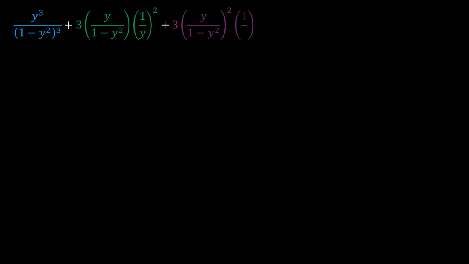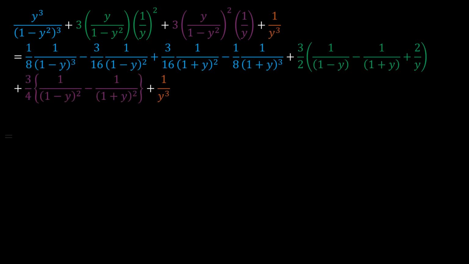So in essence, what we have is the blue, green, purple, and orange components can all be bunched up together into what we have here.